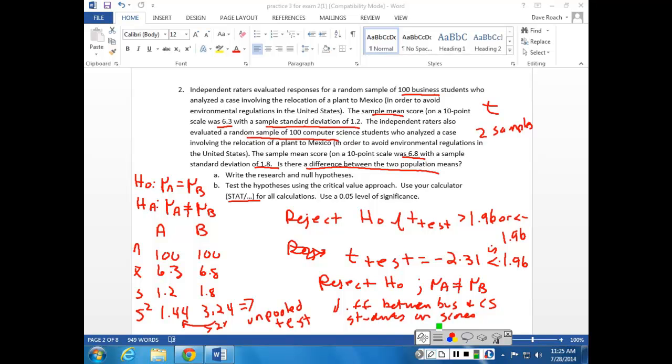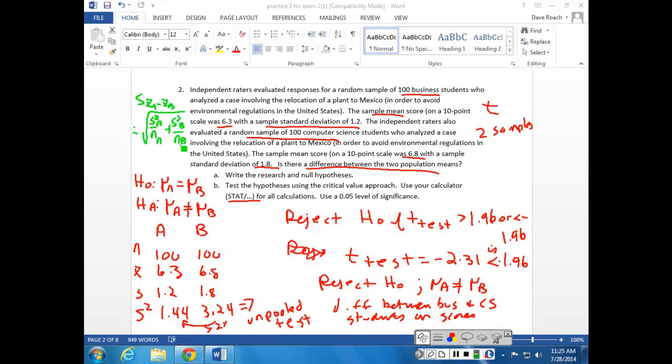Not asked for on this one, but I'm going to go ahead and write it down anyway: the standard error of x bar A minus x bar B, all that x bar A minus x bar B means is that's your statistic, is equal to the square root of s squared A over NA plus s squared B over NB.